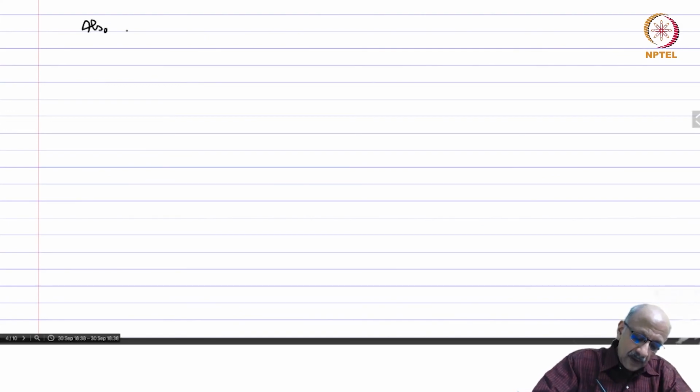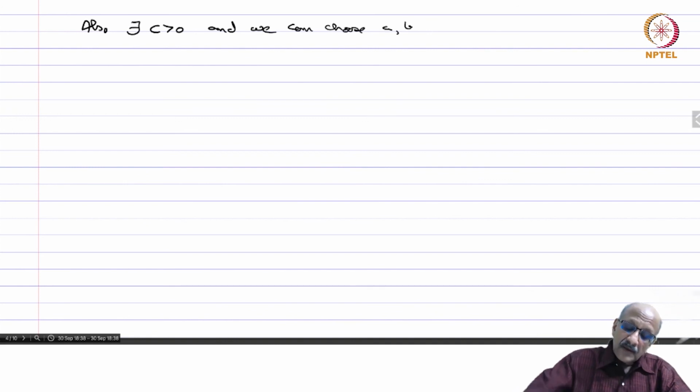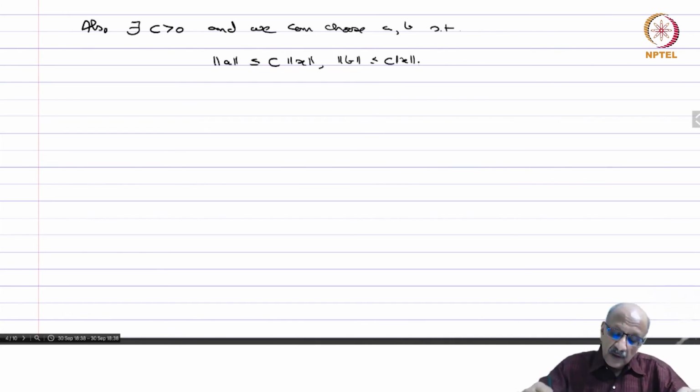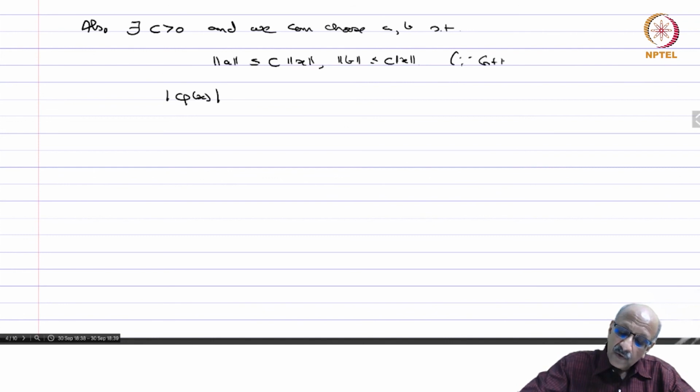Also, there exists a positive C, and we can choose a, b such that norm a is less than or equal to C times norm x, and norm b is less than or equal to C times norm x. This is the previous proposition which we already proved based on the open mapping theorem, since G plus H is closed.